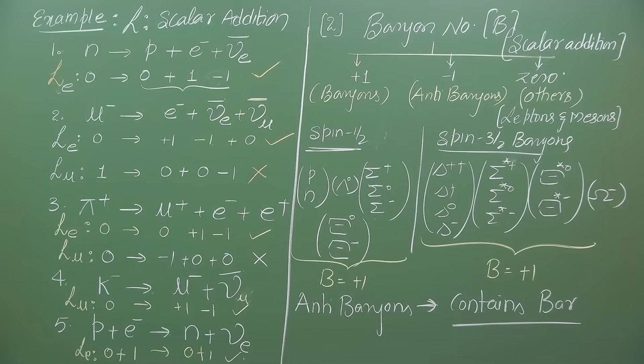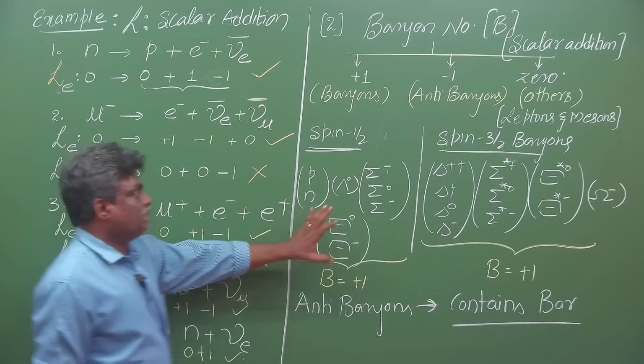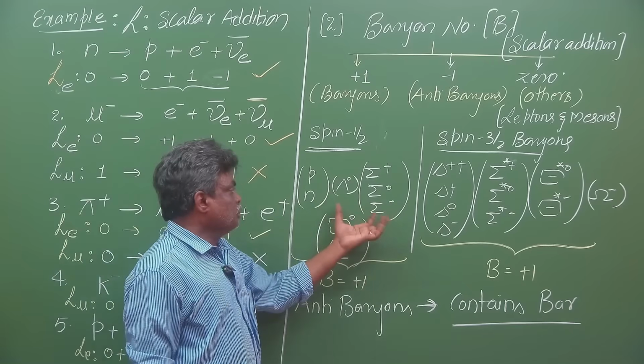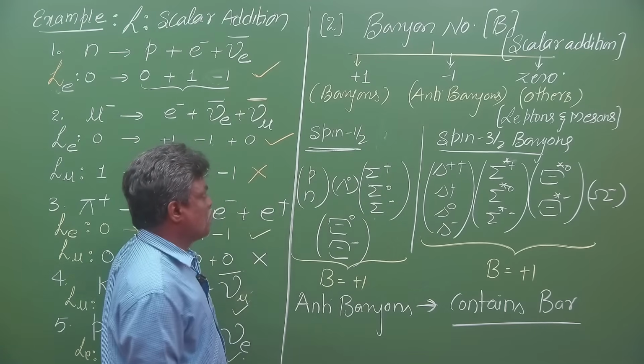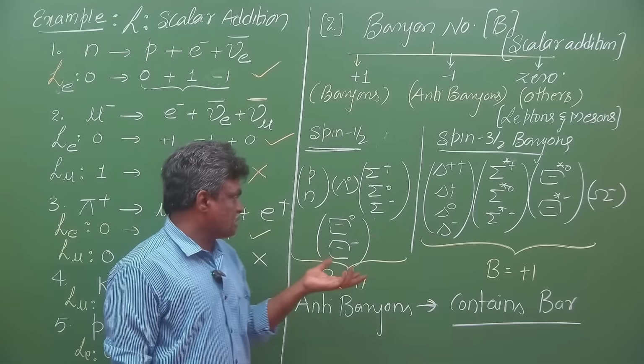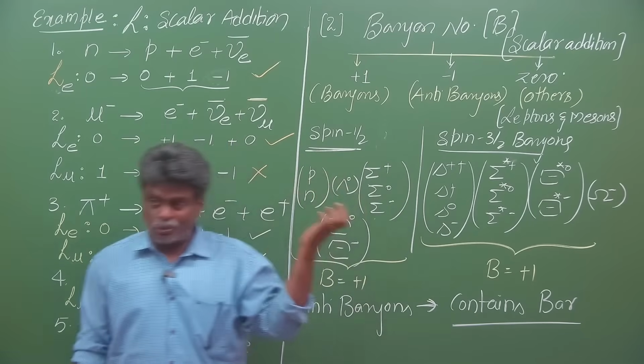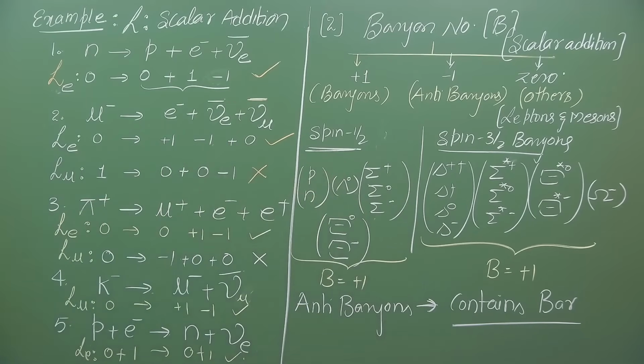Lepton number and baryon number both are scalar addition only, just numbers addition. Some people will get confused with baryons and mesons. Be careful please, because of the 3 group and 2 group.